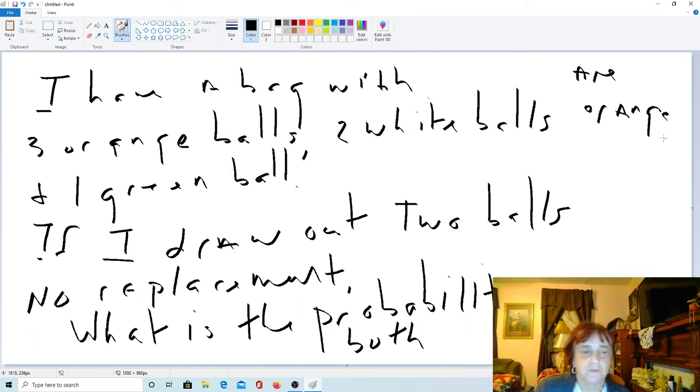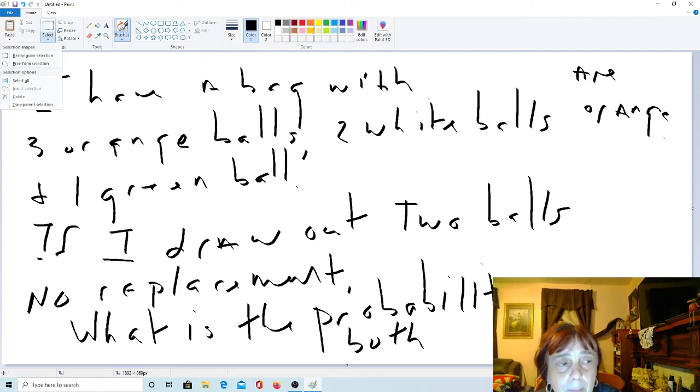Okay, it's the probability the first one's orange times the probability the second one's orange. This is an "and" probability. An orange ball and an orange ball. When you have "and," you multiply them together.